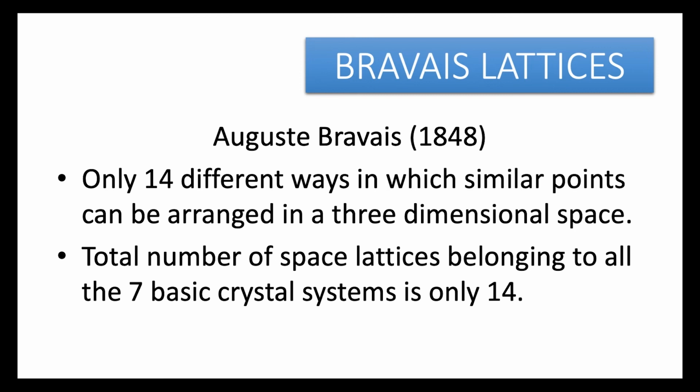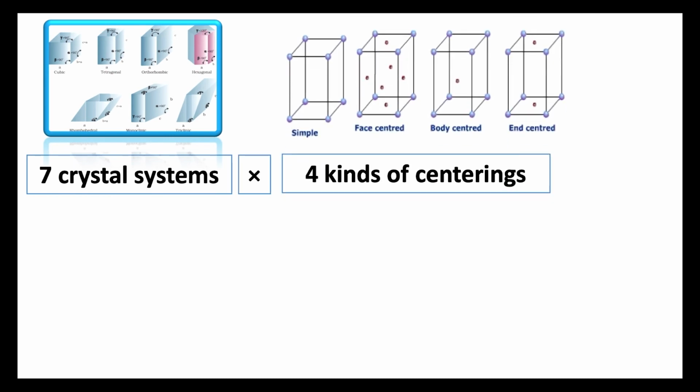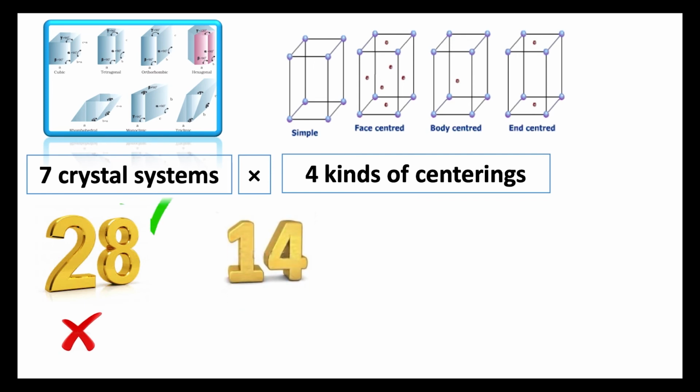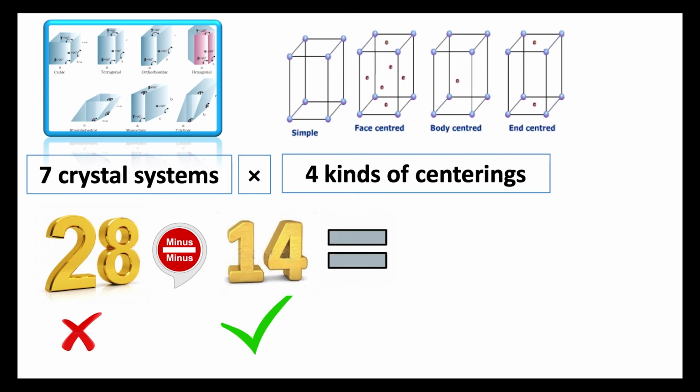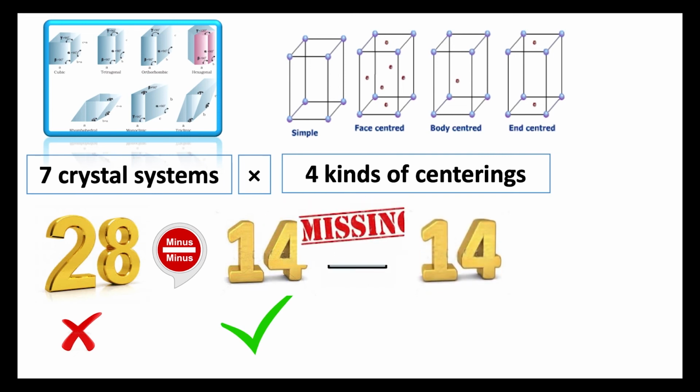And these 14 lattices are called Bravais lattices. The 7 crystal systems with 4 kinds of centrings should give you 28 lattices. But Auguste Bravais proved that this is wrong and there are only 14 lattices. So, 28 minus 14 equal to 14 lattices are missing.